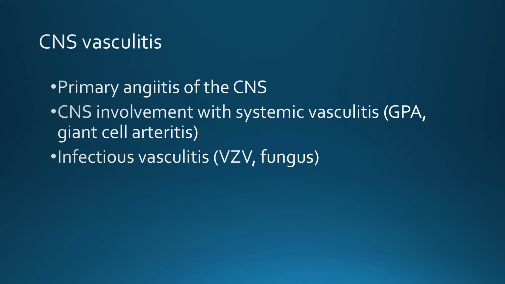Of course, we saw a case of that earlier, where, as I said, most of the time the intracranial involvement is secondary to sinus involvement, but you can have a cerebral vasculitis rarely. Giant cell arteritis can cause a cerebral vasculitis. You can get cerebral vasculitis from infection, varicella zoster virus and fungus.